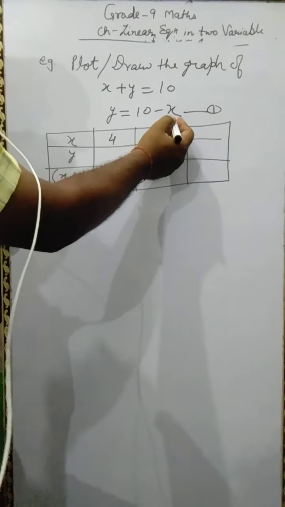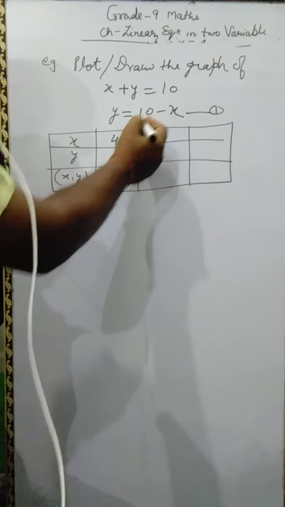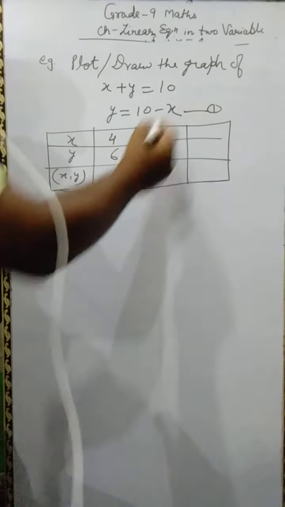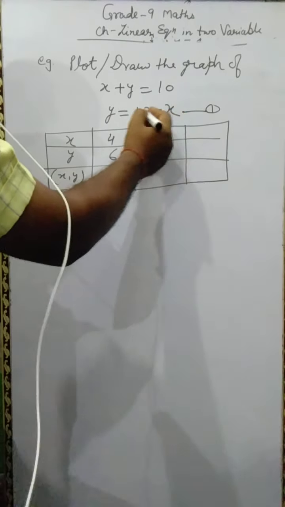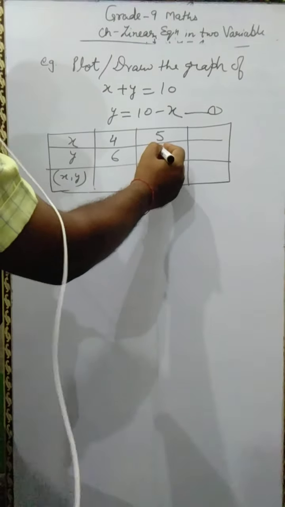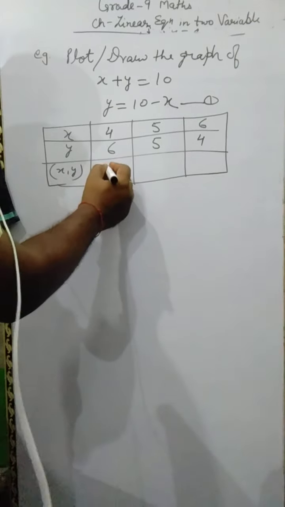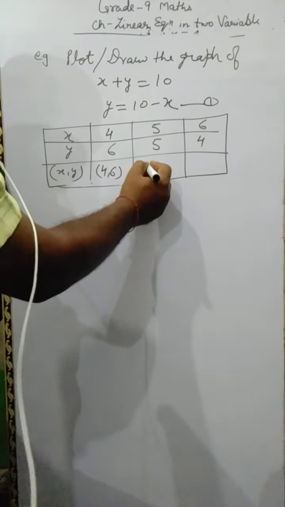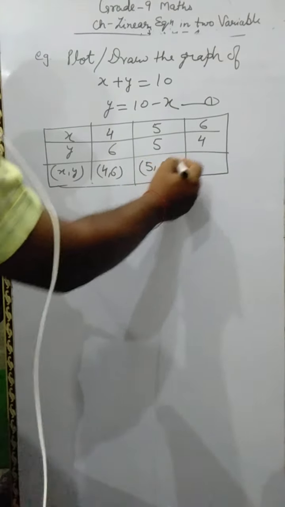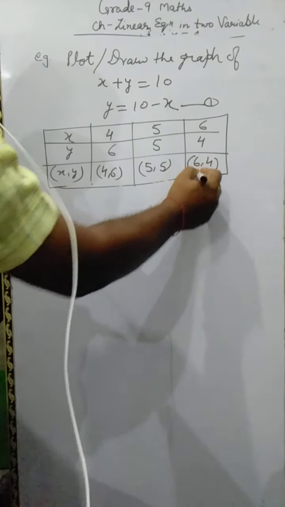When x equals to 4, then 10 minus 4 will be 6. When x equals to 5, then 10 minus 5, then y equals to 5. Take x equals to 6, then 10 minus 6 is 4. So these are the points 4 comma 6, 5 comma 5 and 6 comma 4.